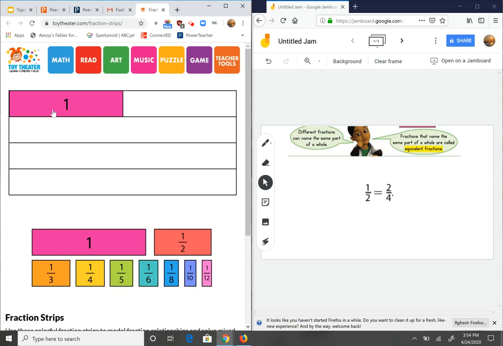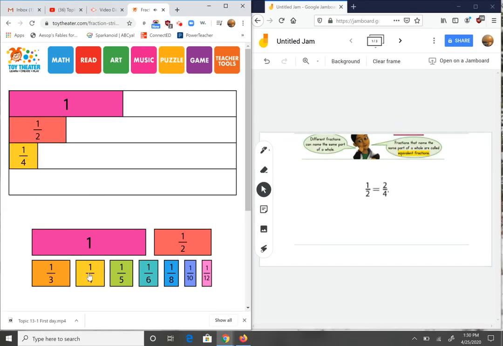My whole rectangle is 1, and I'm going to pull up the 1/2 just as requested in this problem. Then it's telling me that it's equal to 2/4. So that's 2 copies of the 1/4. So here's 1/4, and here is the other copy of the 1/4.